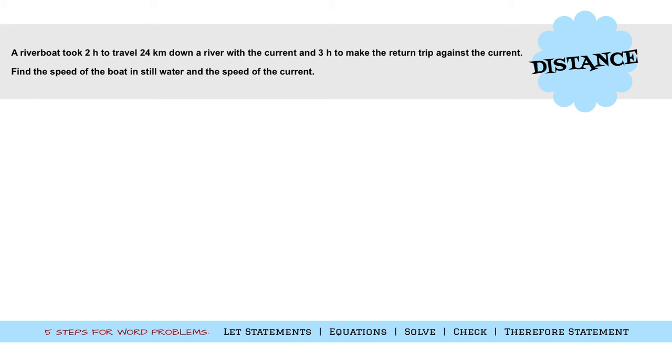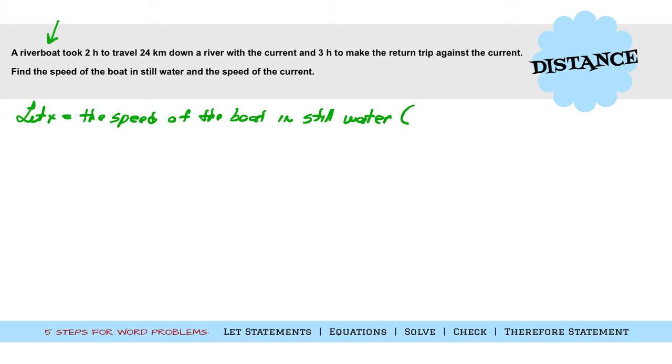So whether it's a boat or a plane, it's the same setup. Let x represent or equal the speed of the boat in still water. This is important. The speed of the boat in still water. If it was a plane, it would be the speed of the plane in still air.